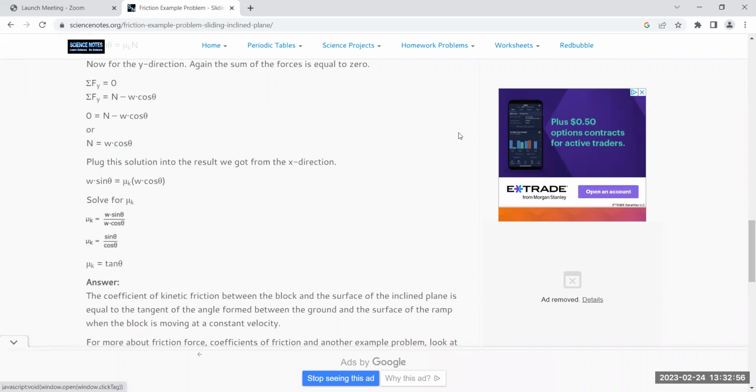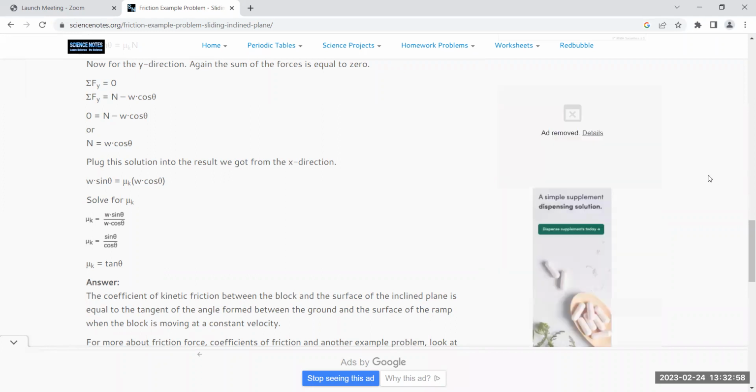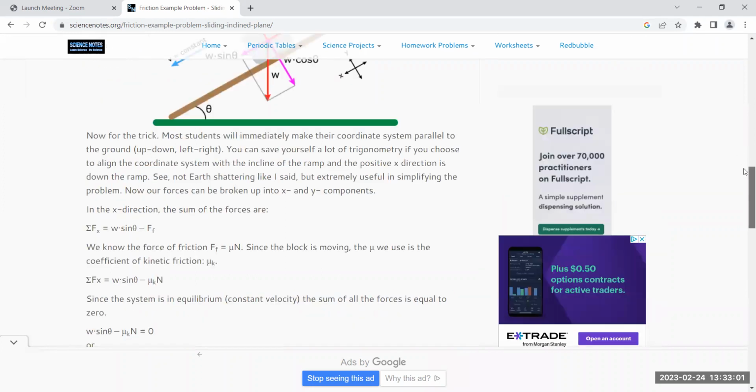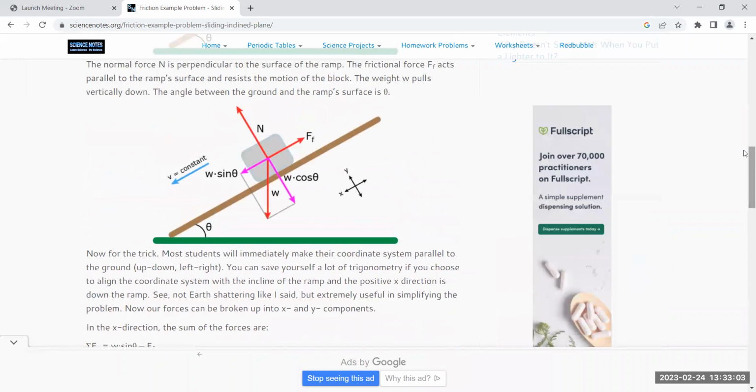So why is this relevant? Well, let me think of a practical example here. Let's say you're moving. Got a bunch of heavy stuff, and I've rented a U-Haul. And that U-Haul has a ramp.